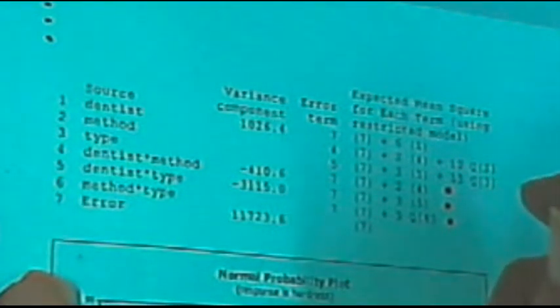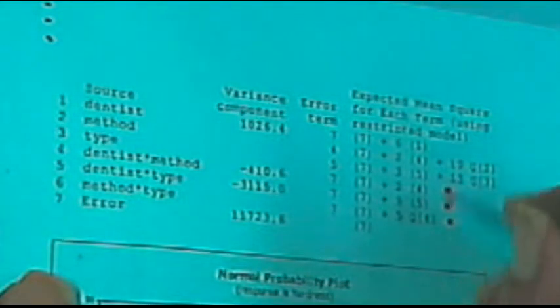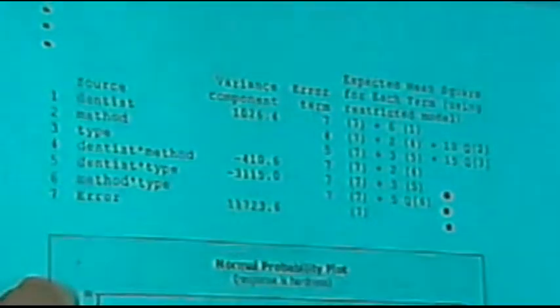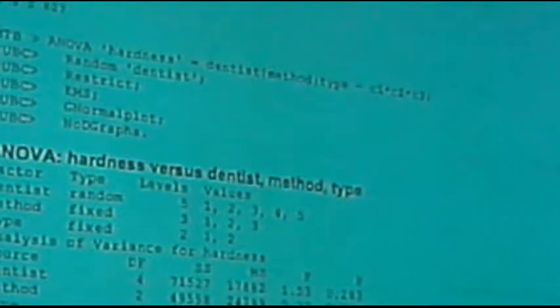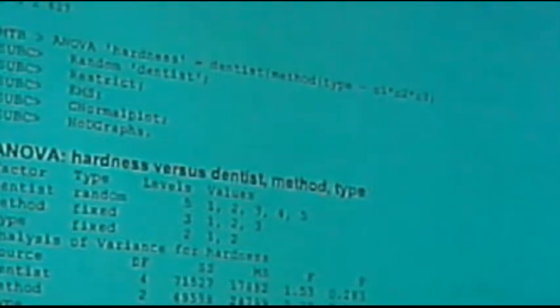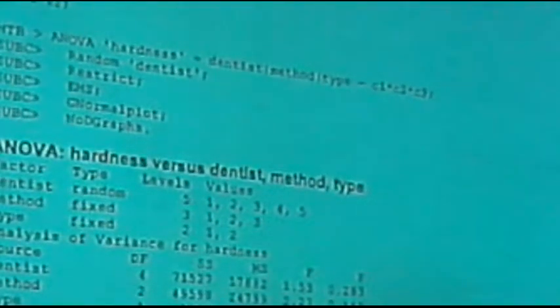So far, the mean square error is the proper denominator for those three F statistics. Let's just take a peek on the previous page and see whether that's making any sense. It's hard to tell, these numbers aren't easy to spot. Well, the mean square error is 11,000 something.